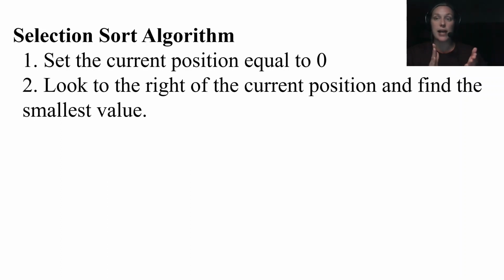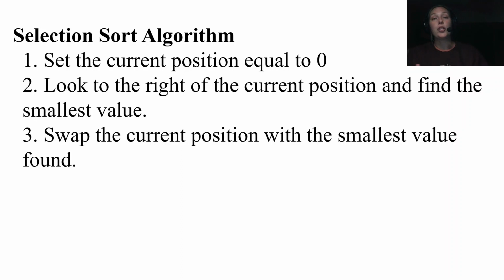You have the current element at that index, and you're trying to find the smallest value less than that element. So if you're currently at a 10, you want to find the smallest element less than 10. If everything to the right is greater than 10, there's not going to be a smallest value. You're trying to find the smallest value that's less than 10, but also the smallest.